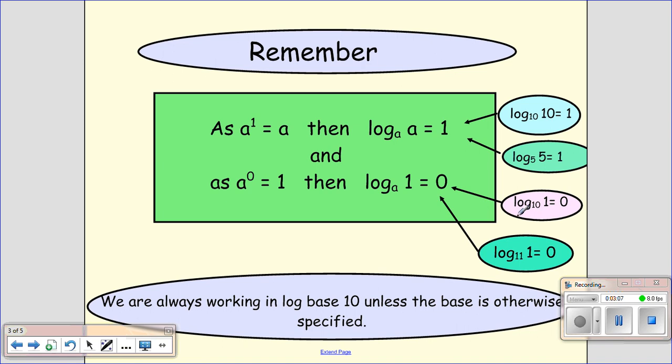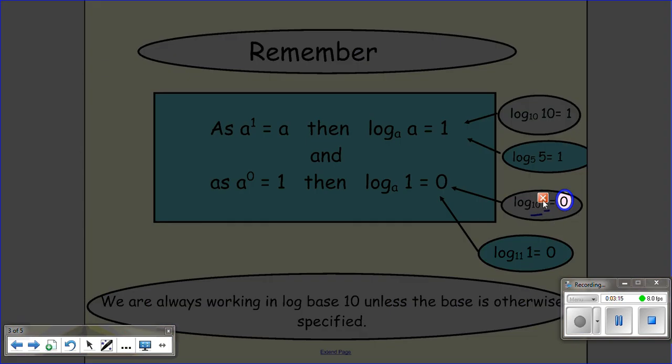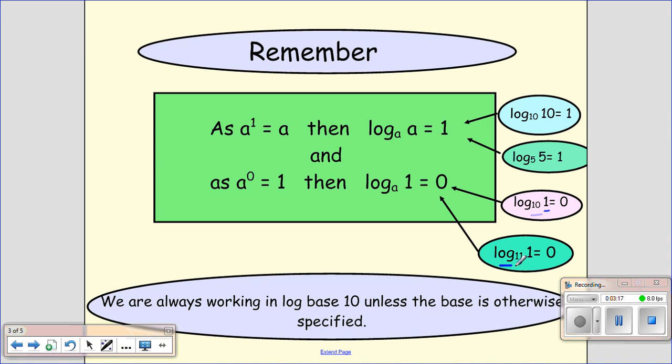So if I have log in base 10 of 1, the power needed to get that 1 is 0. Or log in base 11, it can be any base. To get the answer 1, I need to raise it to the power of 0. So there are two important things that you just need to really remember.